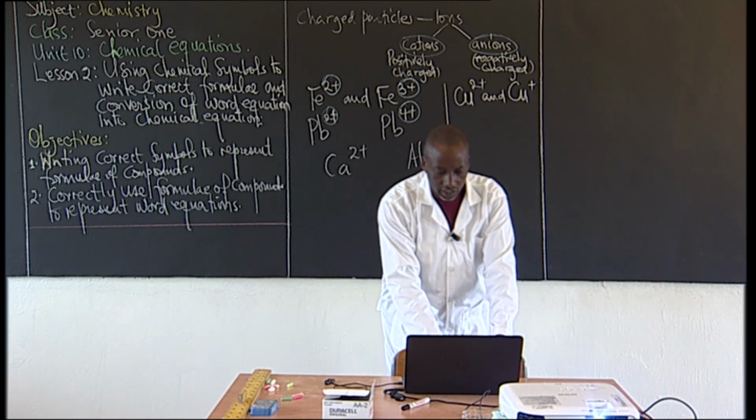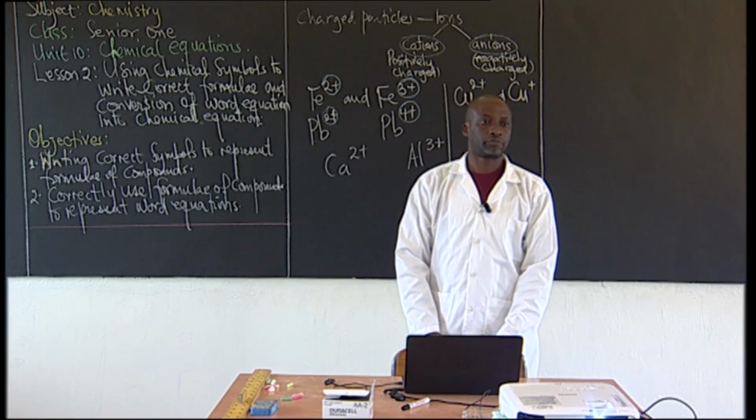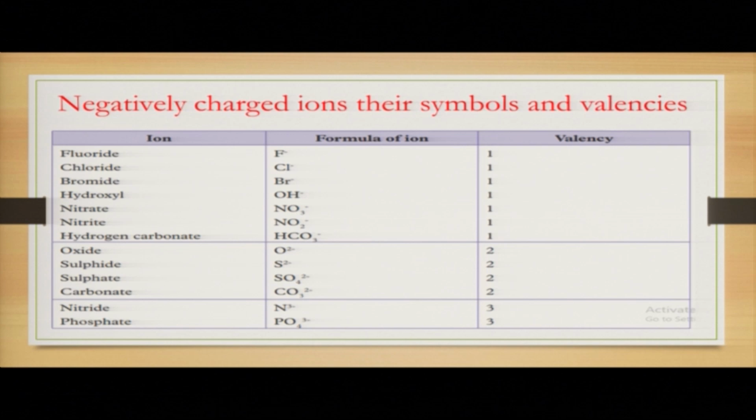When you look at the screen, we have the fluoride, chloride, bromide, hydroxyl, nitrate, nitrite, hydrogen carbonate, oxide, sulfide, sulfate, carbonate, and so on and so forth. They are negative. There are some values there. You will see a negative charge.